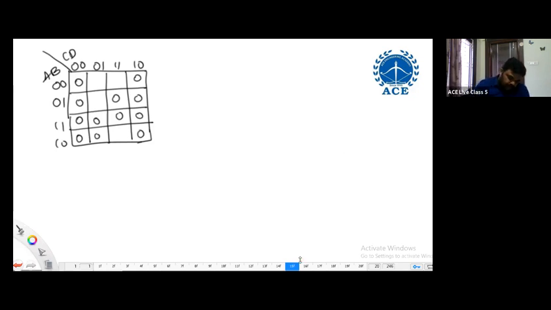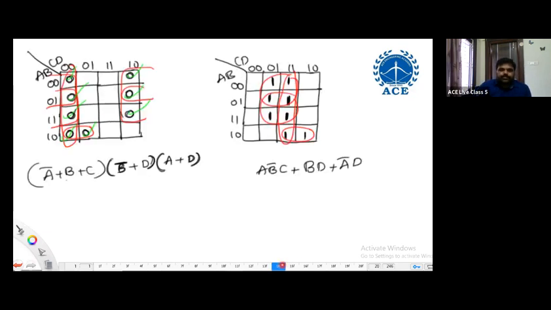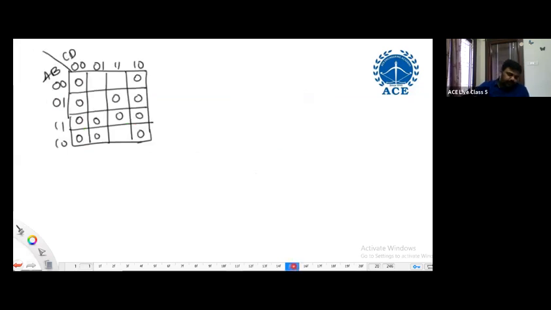So people are asking about the 14th slide. Moving to 15th. Find minimal expression POS and also SOP.